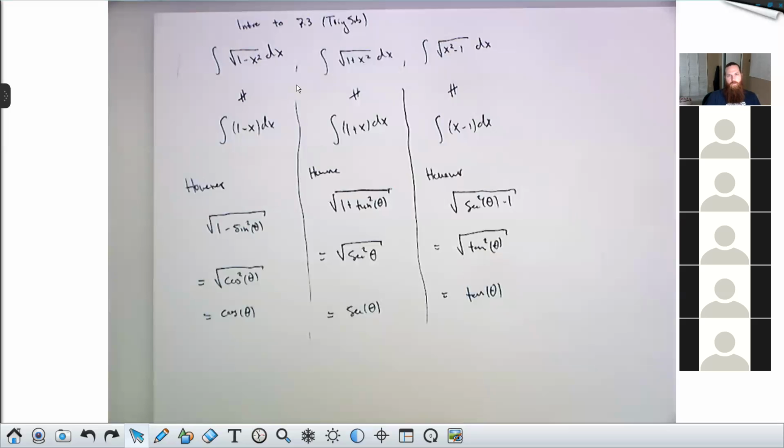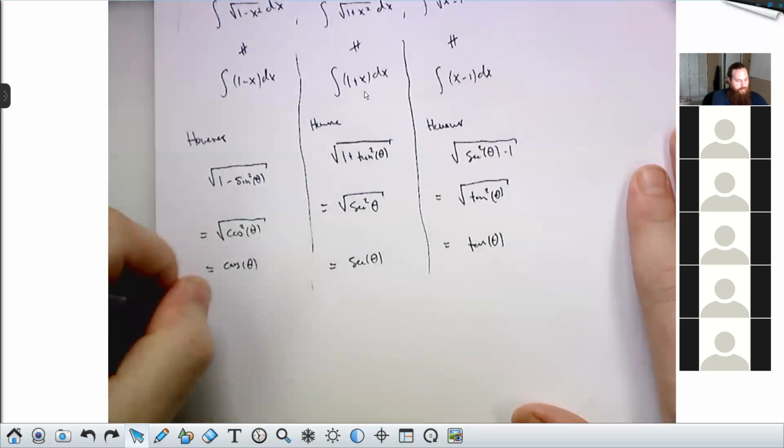So what we need to learn how to do is these kind of backwards substitutions.